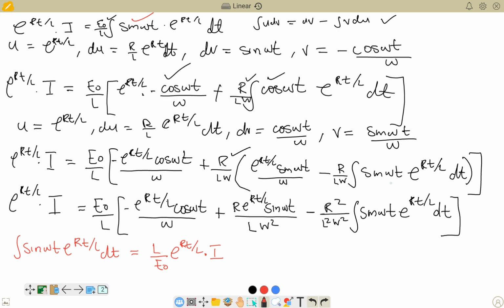So we need to replace this by what we have there. And then how is it going to look when we replace?